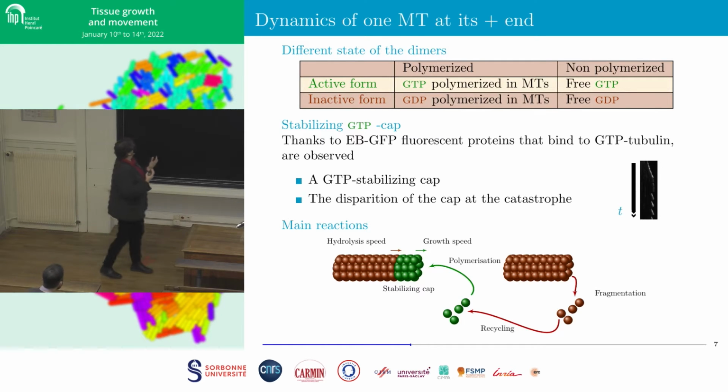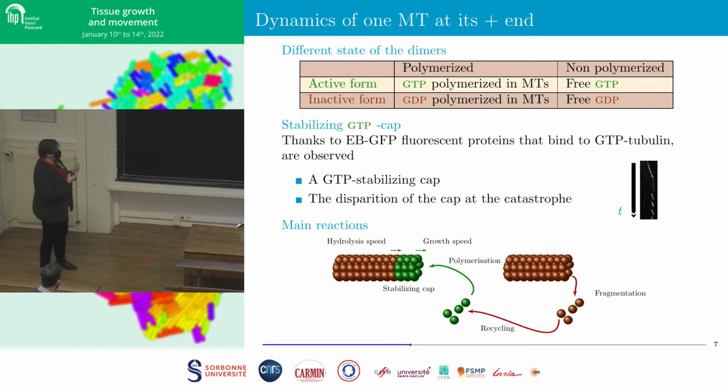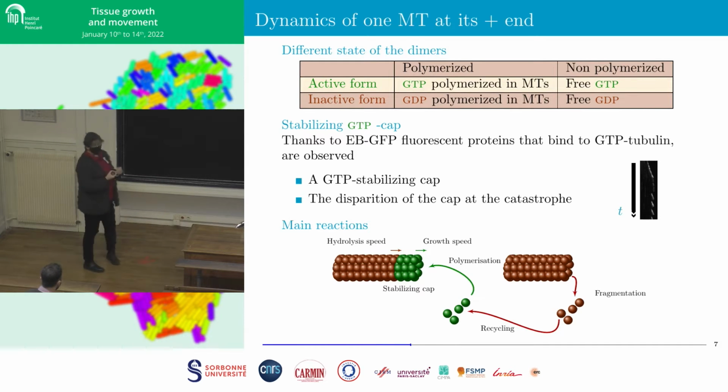The main reaction that holds in this system is polymerization. Polymerization is the addition of GTP, the stable one, on the cap of the microtubule. After some time, the GTP in the microtubule is hydrolyzed. Hydrolysis is the transformation of GTP into GDP.